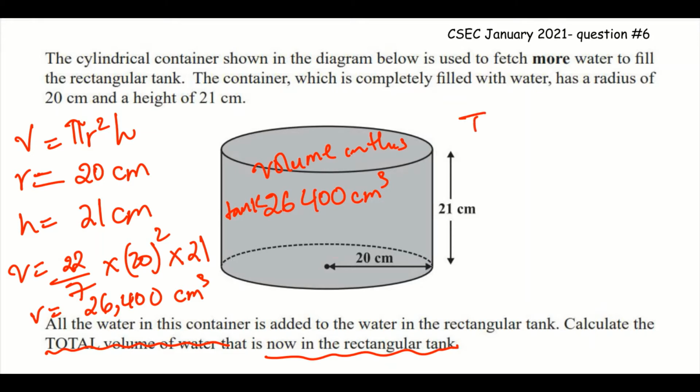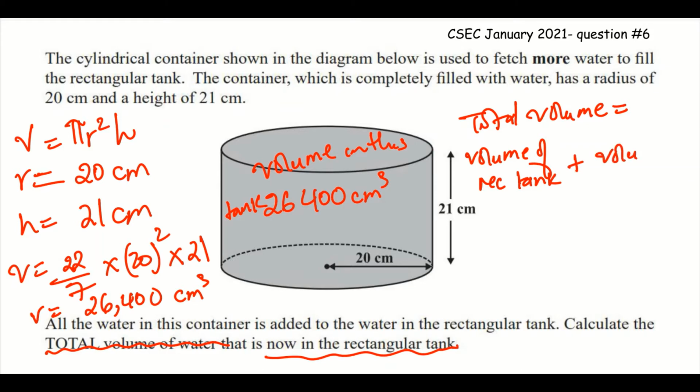So the total volume is equal to the water in the rectangular tank plus the water in the cylindrical container. So the volume of the rectangular tank plus the volume of the cylindrical container, you can say the cylindrical tank.